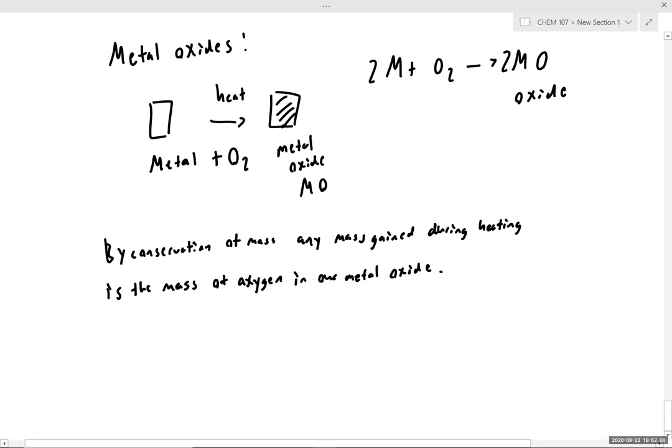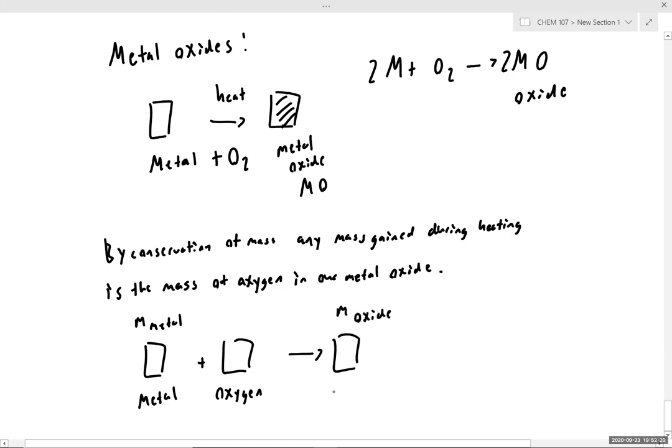As a result, you can think of it this way. So you have your metal, it reacts with oxygen, and if we have the mass of metal, we end up with our final mass of our metal oxide. And any mass gained must be equal to the mass of oxygen.